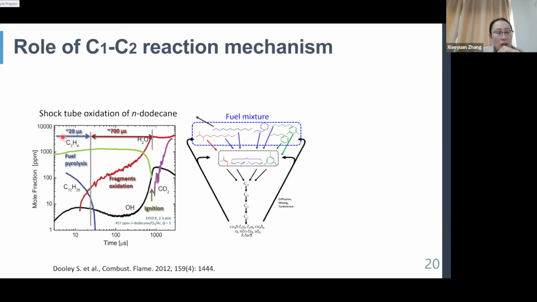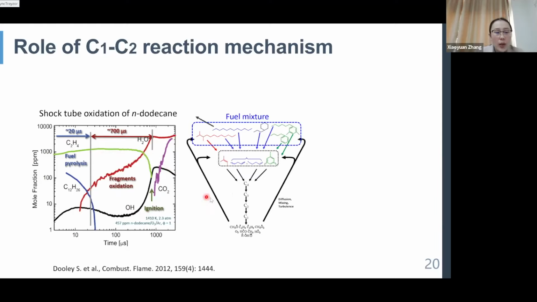At the very early 20 microseconds, the fuel has already pyrolyzed, and fragments like ethylene are produced. Well, the oxidation or consumption of ethylene is a slow process. When it is consumed, the ignition occurs.